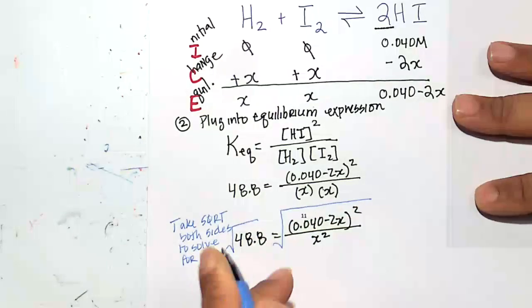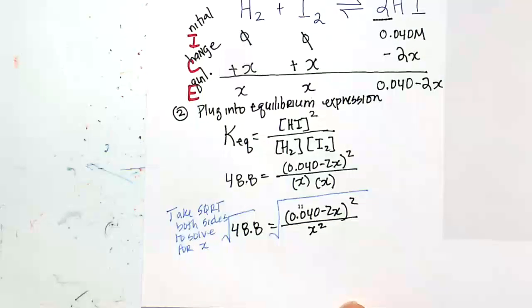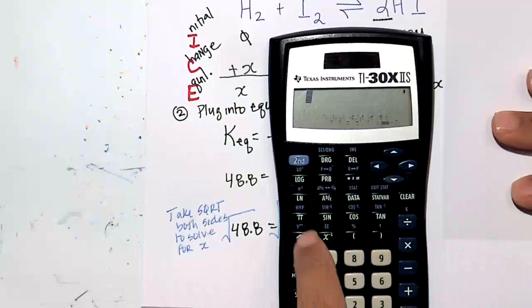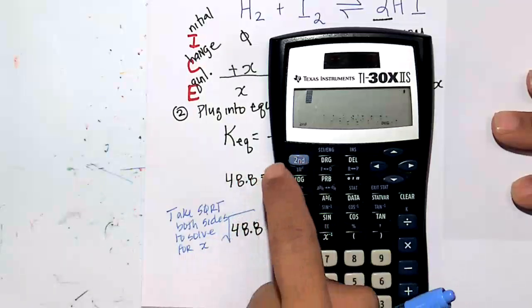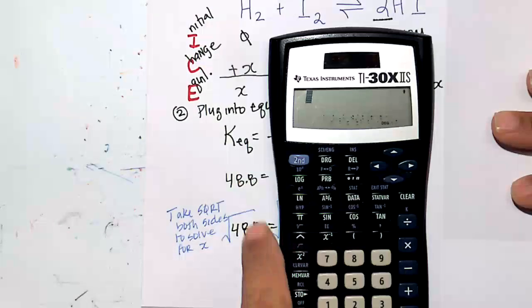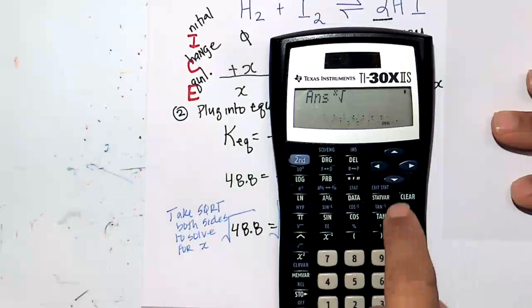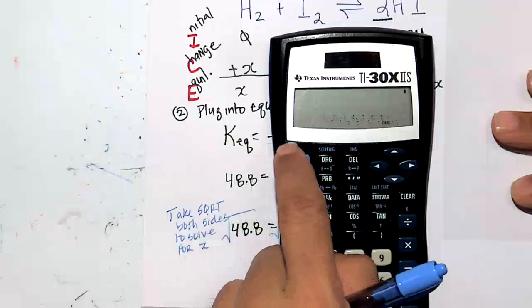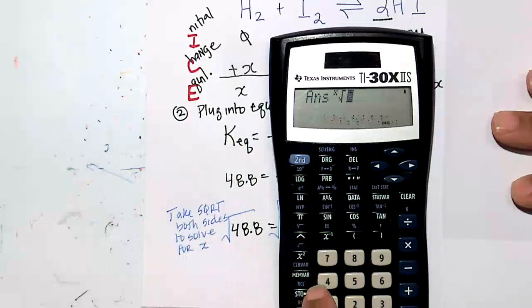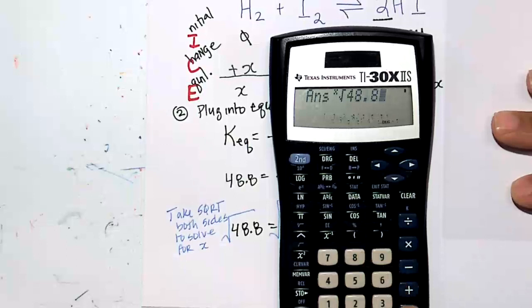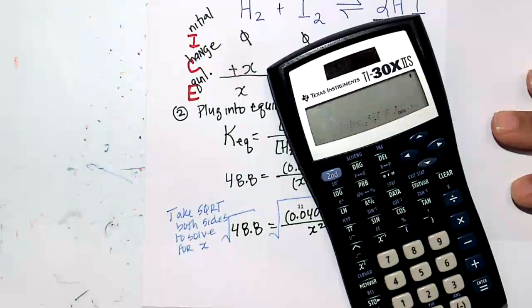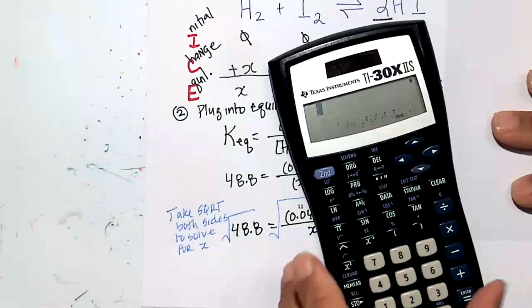Square root of 48.8, what is that on our calculator? Is that 7? Square root of 49 is 7, so. I can't find the square root button on my calculator. 6.9?